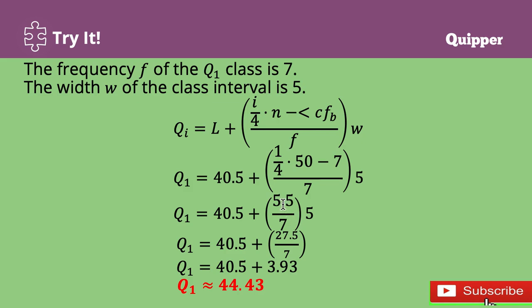Now 5.5 times 5 is 27.5, over 7. 27.5 divided by 7 is 3.93. 3.93 plus 40.5 is equal to 44.43. Therefore, the value for Q sub 1 is approximately 44.43. That is how to find the value of Q sub 1.